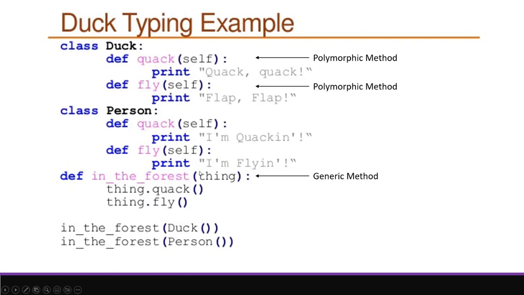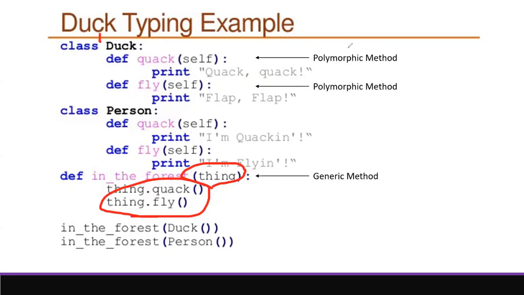Okay. So in the forest, your person behave like a duck. Okay. So there is no official quackable interface. Your person quack and fly like a duck, they are both duck.